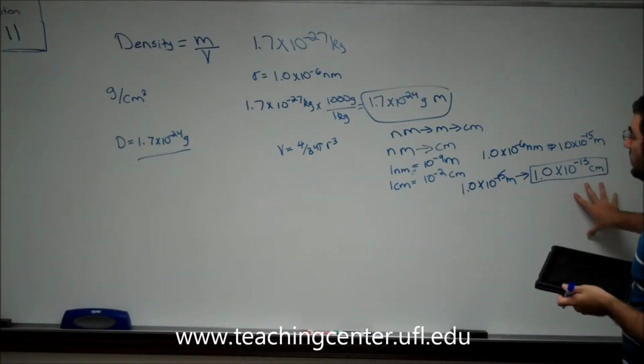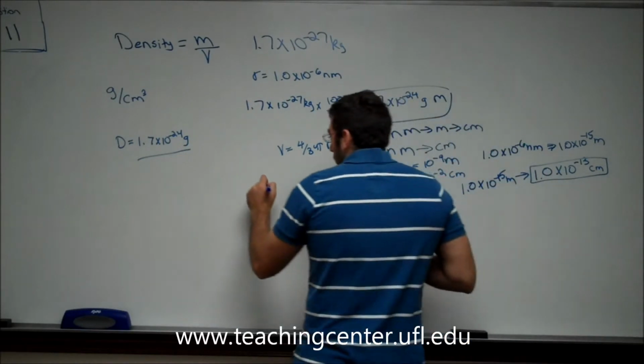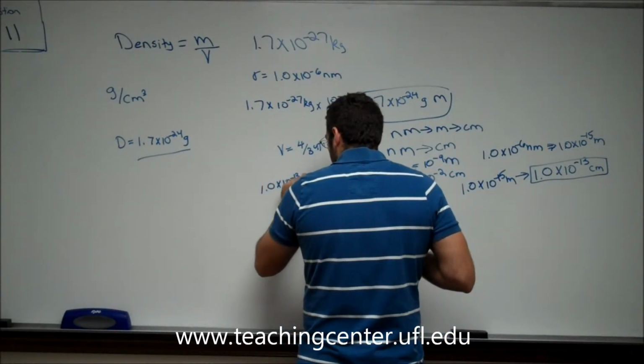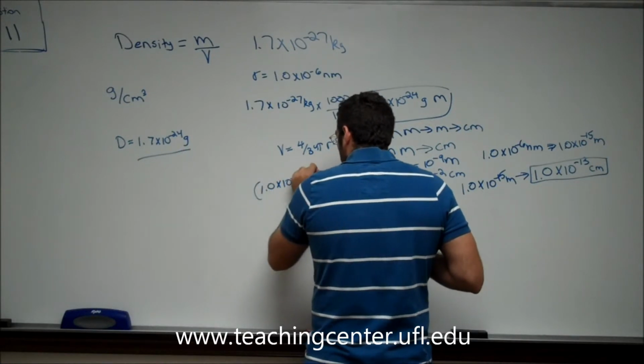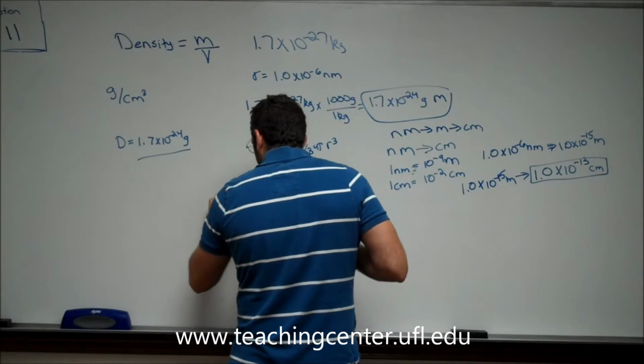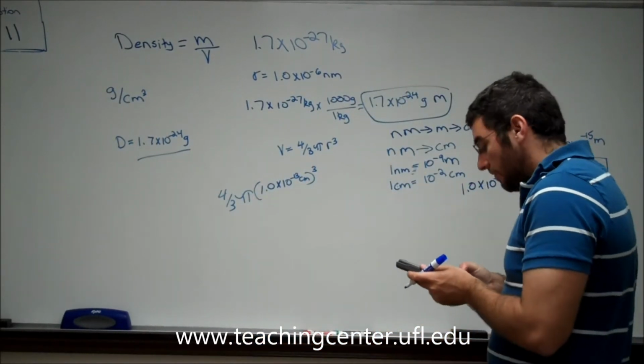So, once we do that dimensional analysis, we say, okay, 1.0 times 10 to the minus 13 centimeters cubed times 4/3 pi. And that will give us our volume.